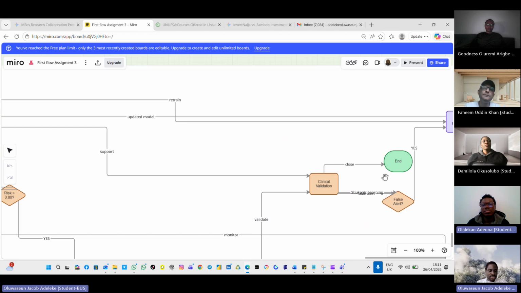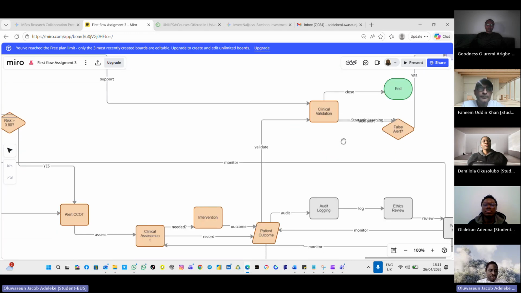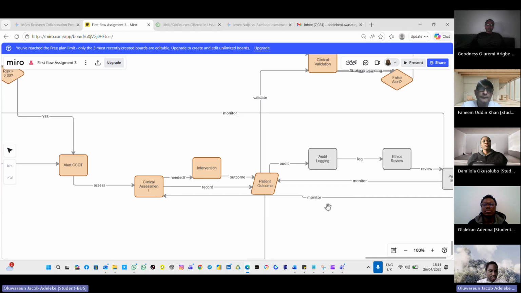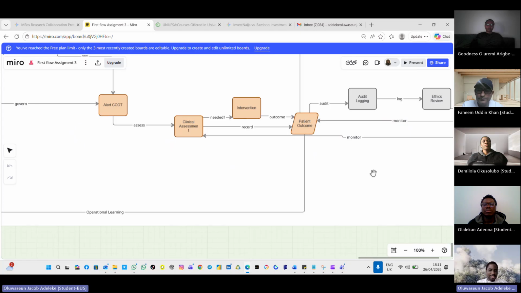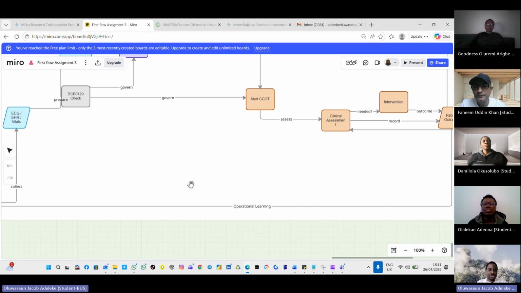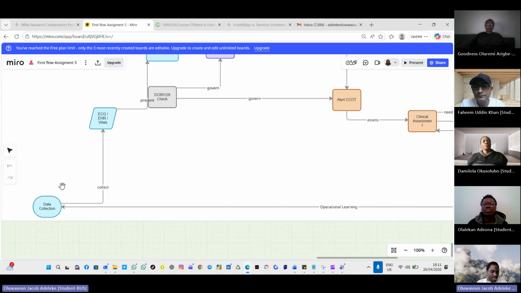The framework doesn't just react, it evolves, addressing data drift and long-term clinical efficacy. We can see the operational learning here being taken back to the first step where the data is collected, bridging the gap between raw telemetry and proactive clinical interventions.